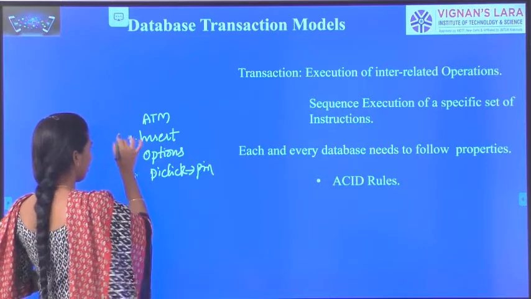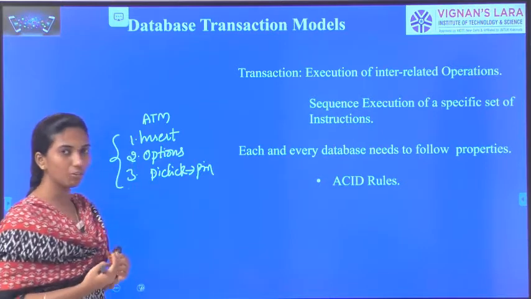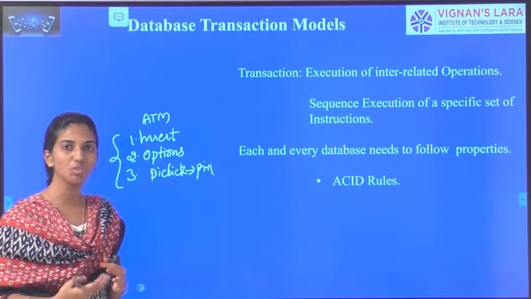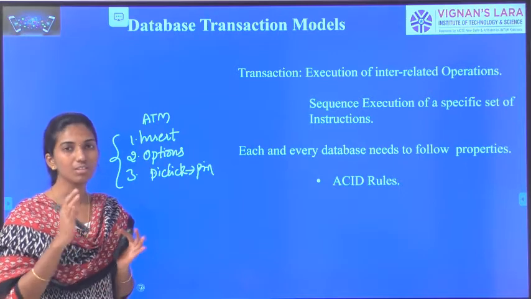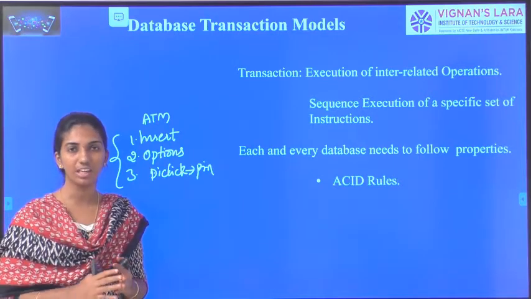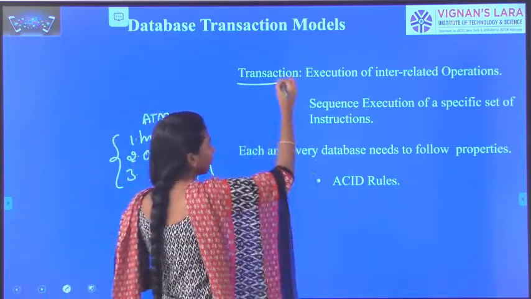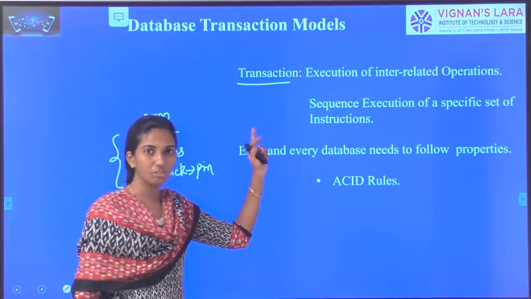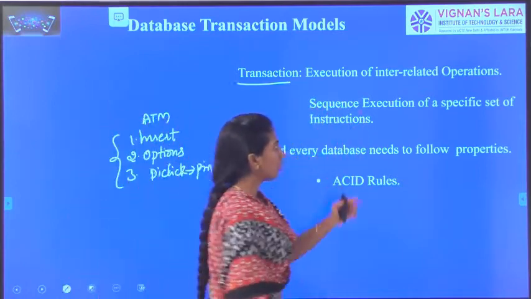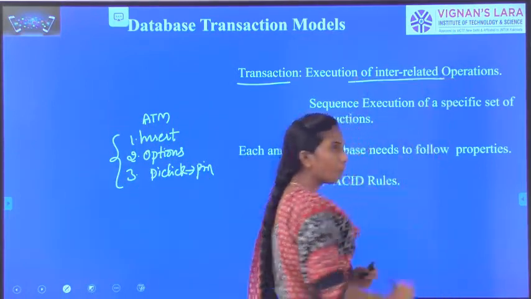That means for retrieving any type of data, you are going to perform a sequence of operations. So whatever sequence of operations are done on a database or something else, that is called a transaction. Okay. So transaction means it is the execution of interrelated operations.